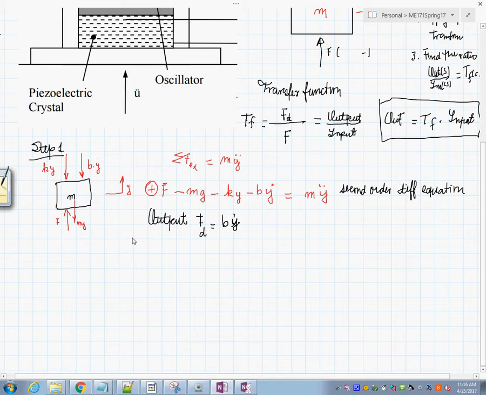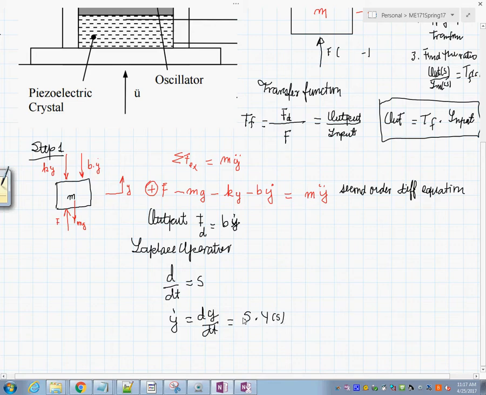So we are going to introduce the Laplace operator. The Laplace operator says that d/dt is equal to s. This is our operator in there. So if you have something like y dot, which is dy/dt, this is the same thing as s times Y of s, like that.